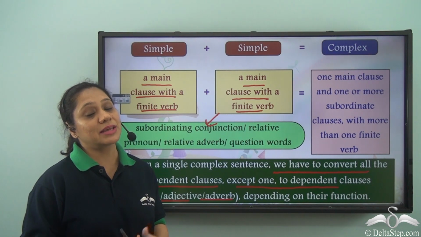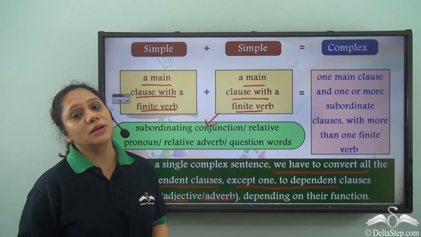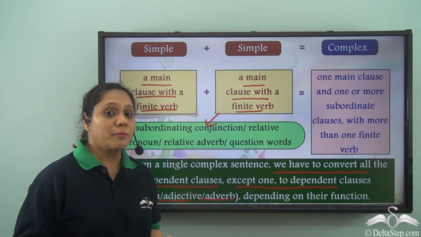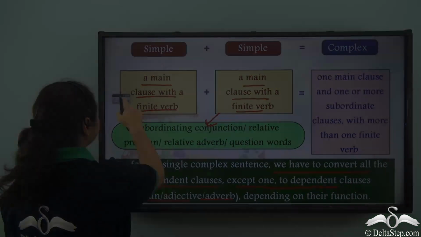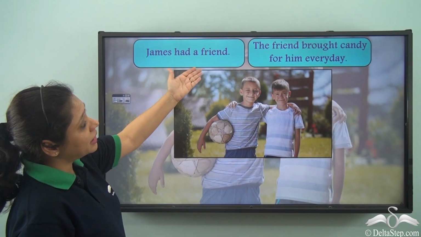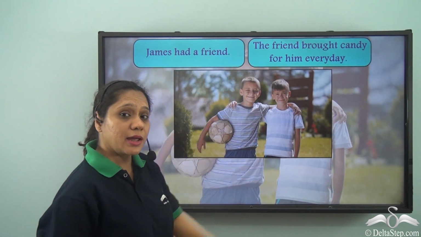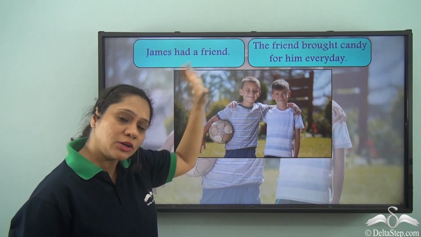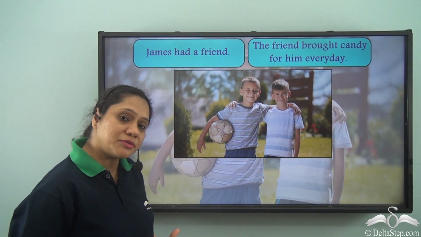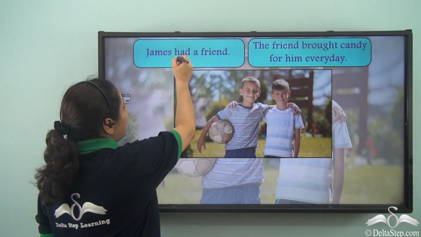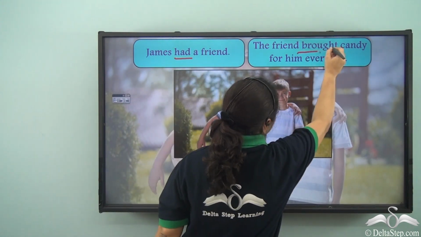So, let us see with examples how we will join simple sentences and form a complex sentence. James had a friend. The friend brought candy for him every day. So, here we have two main clauses with two finite verbs. What are the finite verbs? Had and brought.